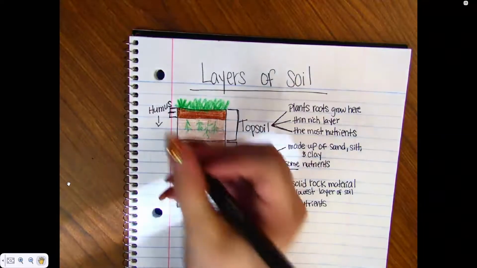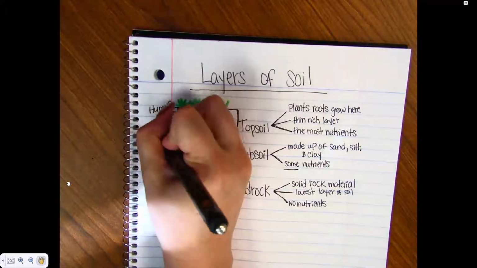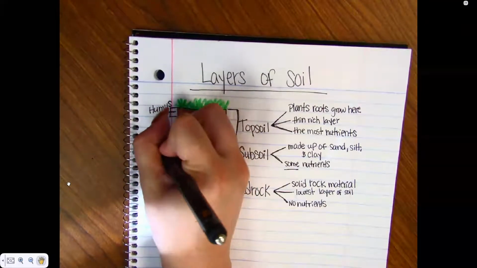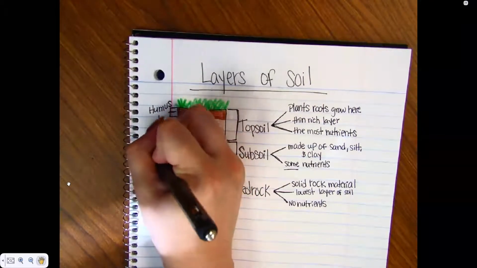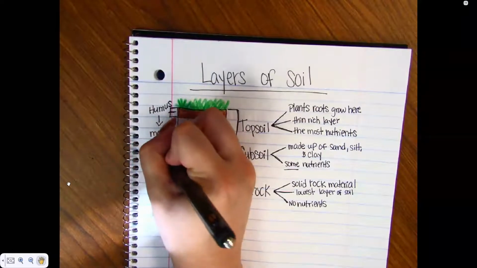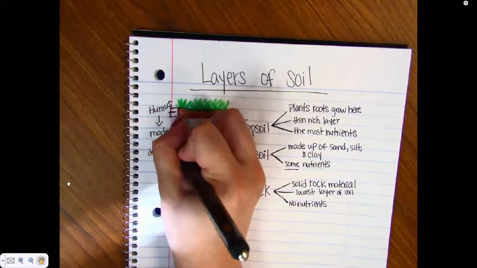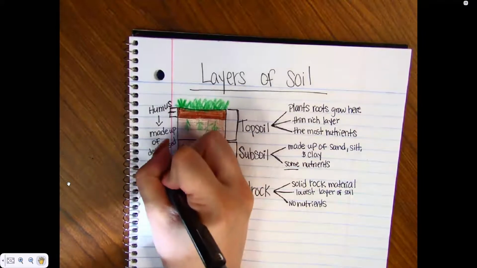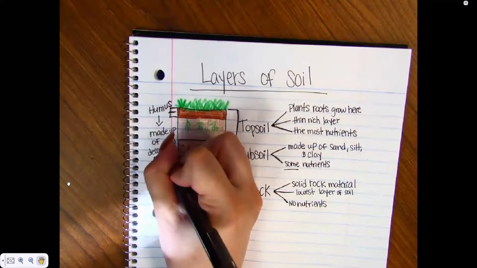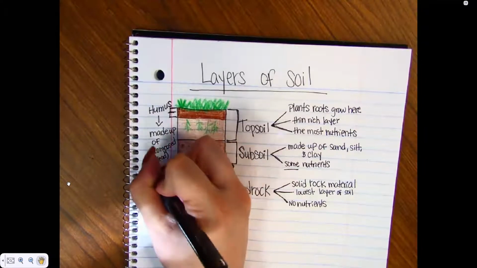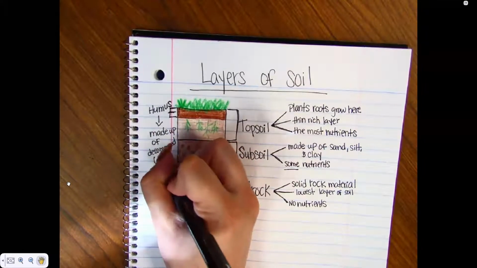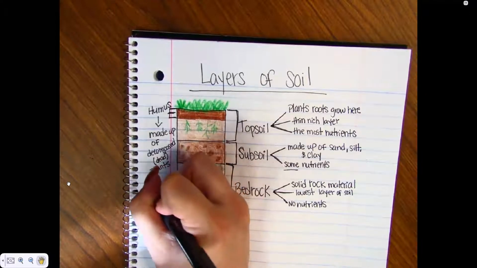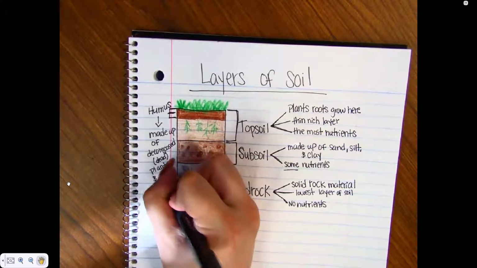So we're going to say made up of decomposed, or I'm going to put dead so y'all know what that means, plants and animals.